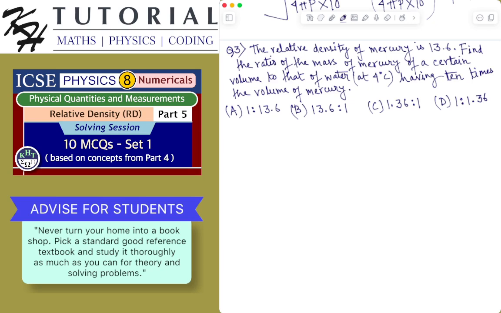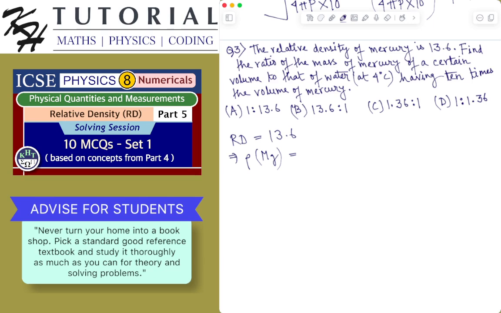First of all, the relative density of the mercury is given as 13.6. So this implies the density rho of mercury. The symbol used to denote mercury is Hg.